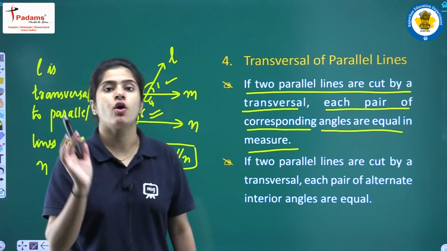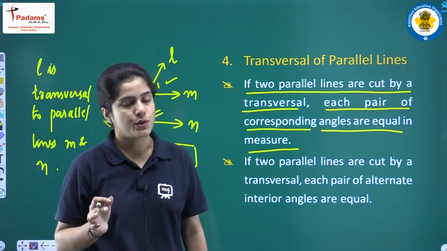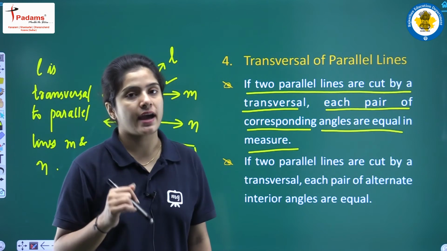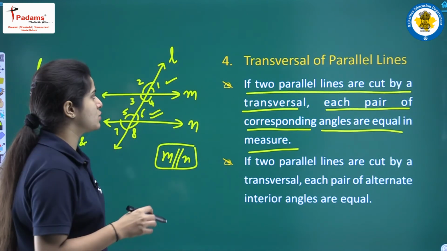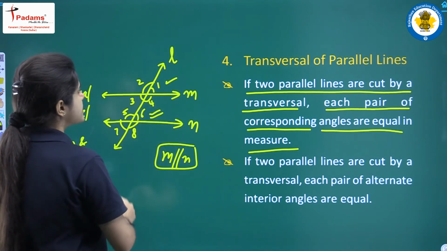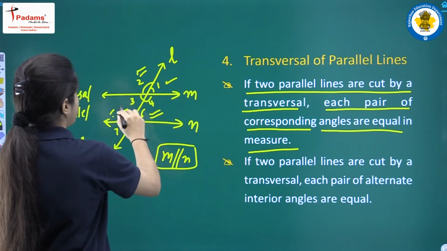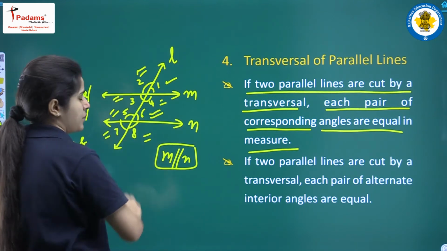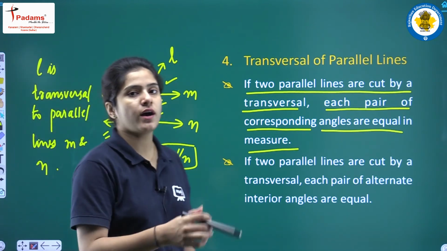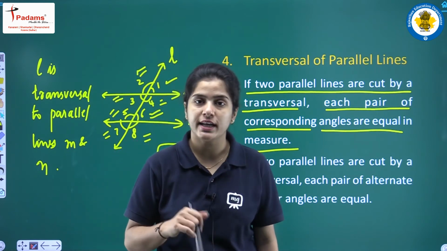So corresponding angles will be equal as the lines are parallel and a transversal is cutting them. So 1 and 6 are equal, 2 and 5 are equal, 4 and 8 are equal, and 3 and 7 are equal, okay students. This is what we meant by corresponding angles.